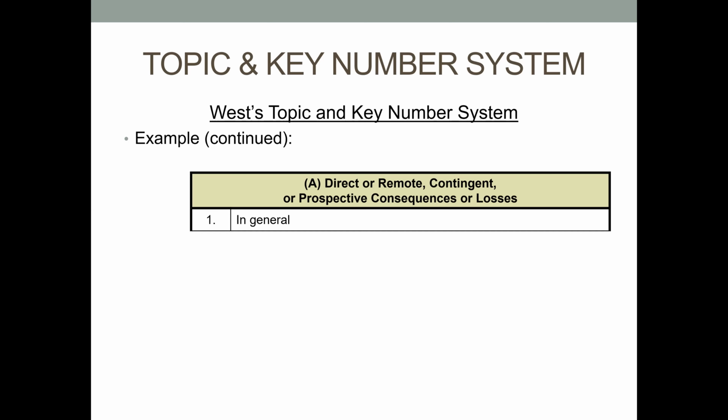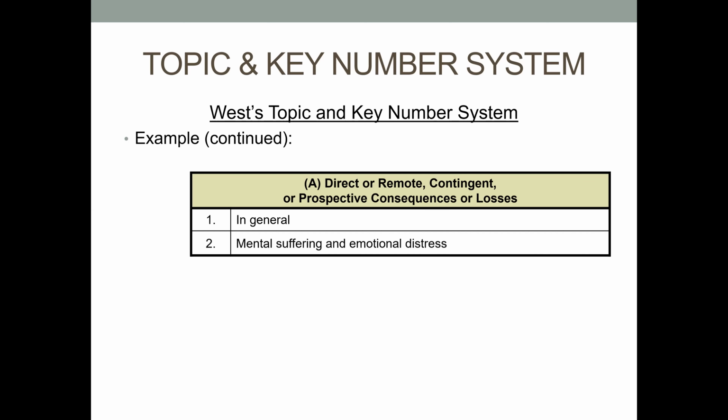So the first concept is these types of losses in general. And the second one specifically relates to these direct or remote losses insofar as they regard mental suffering and emotional distress. So let's say that your interest in research is in fact the mental suffering and emotional distress subdivision of this narrower legal concept.